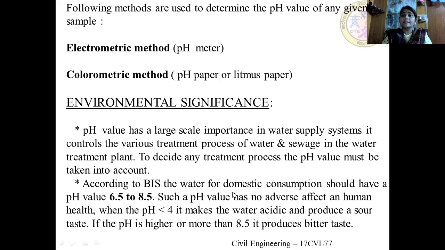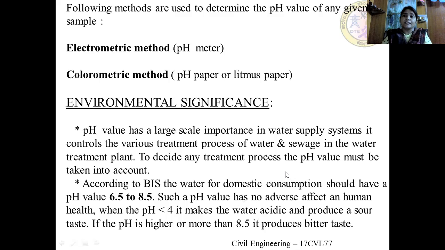According to BIS, the Bureau of Indian Standards, we have certain permissible limits for each parameter, and for pH of drinking water, it should be 6.5 to 8.5. When such a pH is present in any given water sample, we say this particular sample is fit, or it can be used for any domestic purpose.